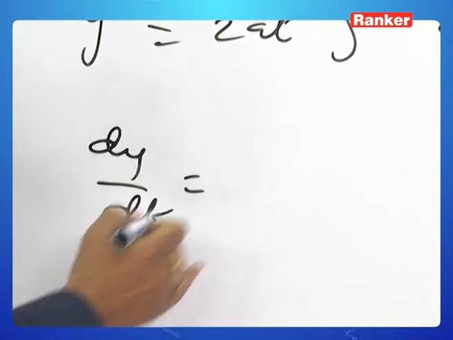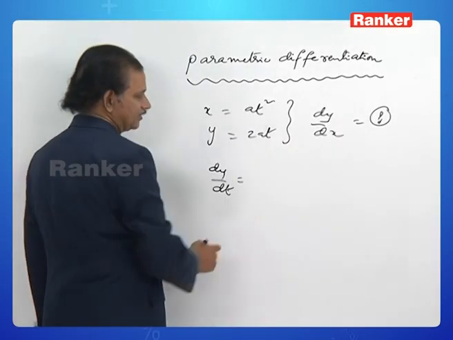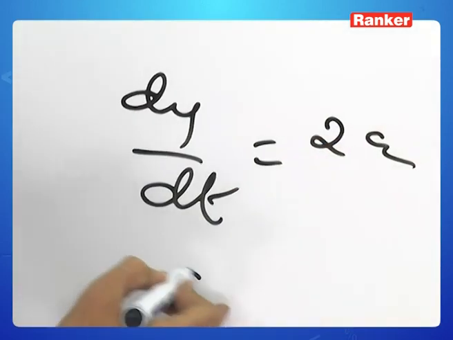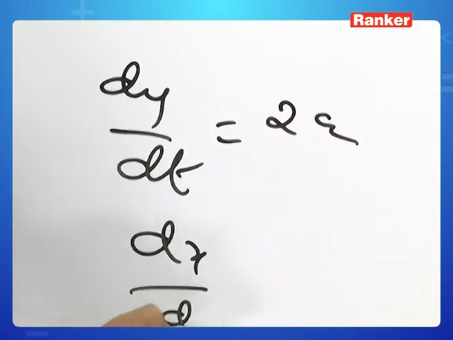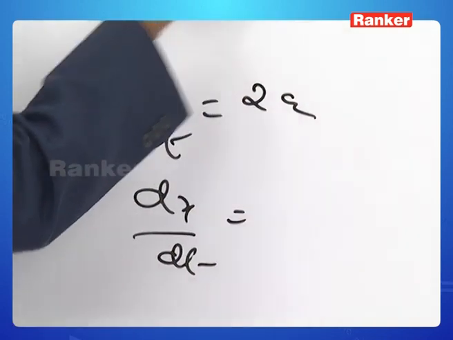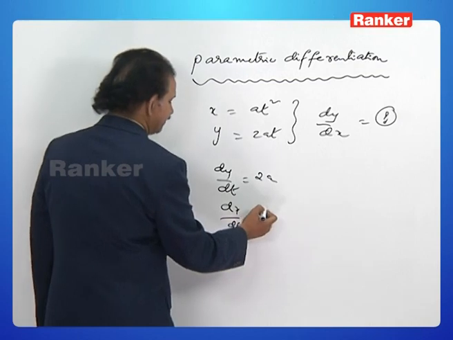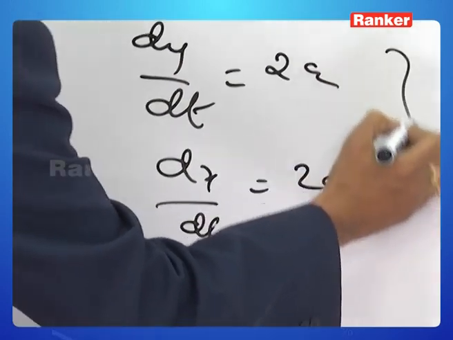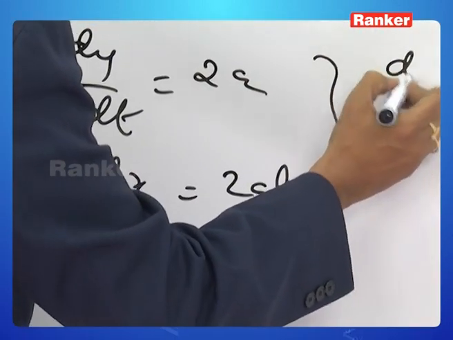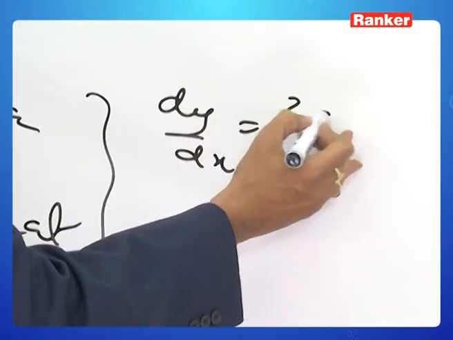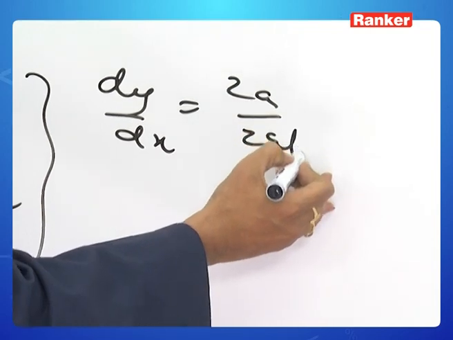What is dy by dt? Thinking t as the independent variable, the derivative is 2a. And dx by dt. Now here we treat t as the independent variable and x as the dependent variable, so that here it is at square. What is the derivative? 2at. But we want to have dy by dx. dy by dx is therefore dy by dt by dx by dt. It's nothing but 1 by t.